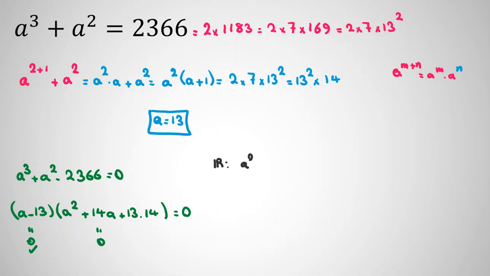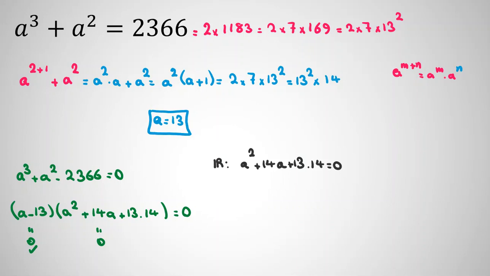I say for real numbers, a squared plus 14a plus 13 times 14 equals 0. Now you can solve it in two ways to show that in real numbers we don't have any answer. Let me tell you both of them.